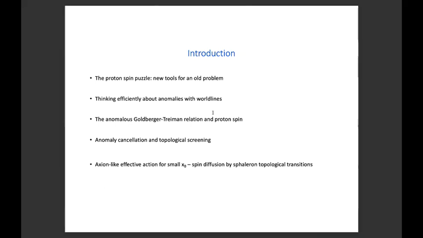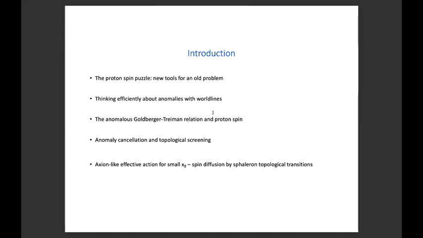And then I'm going to say how there's some very interesting non-perturbative chiral physics that results, in particular a Goldberger-Treiman relation that's relevant to this problem. And then I'm going to talk about how anomaly cancellation and topological screening occur and influence the proton spin.